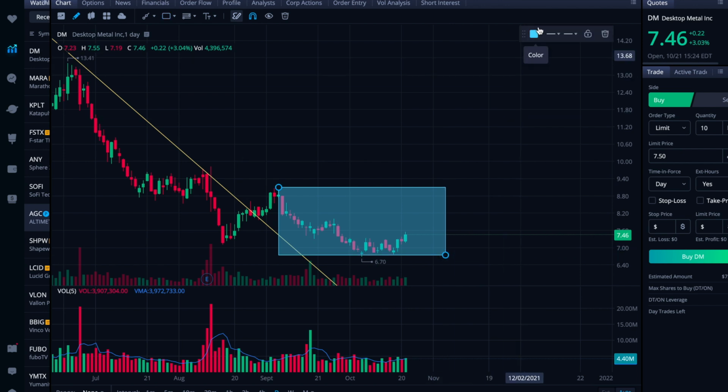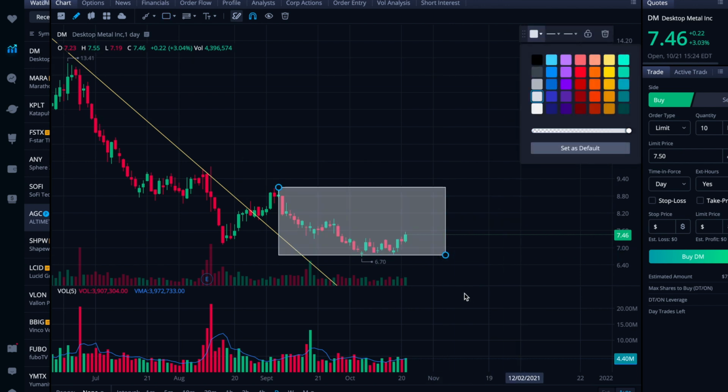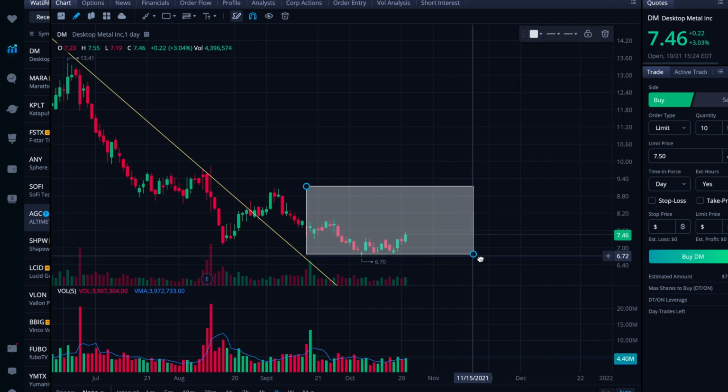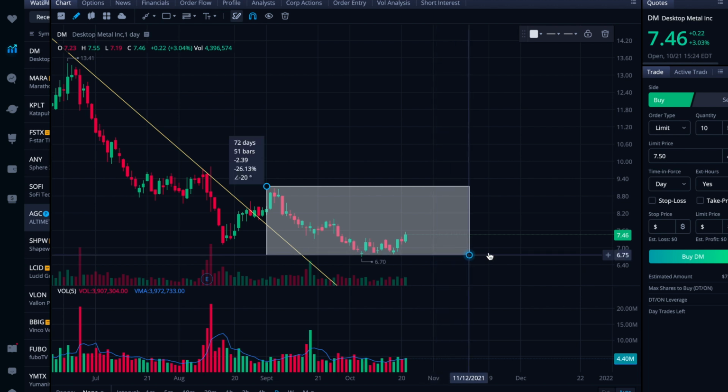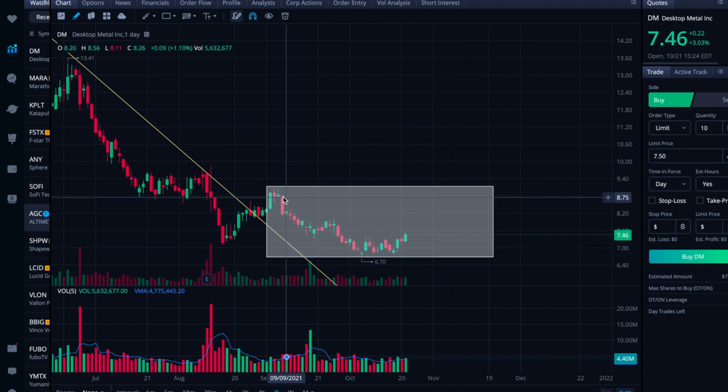So it looks to me like it's essentially trying to put in a couple of matched swing highs. You see this scoop here, right? That's the larger cup. And then we have this scoop here, which is the smaller cup.